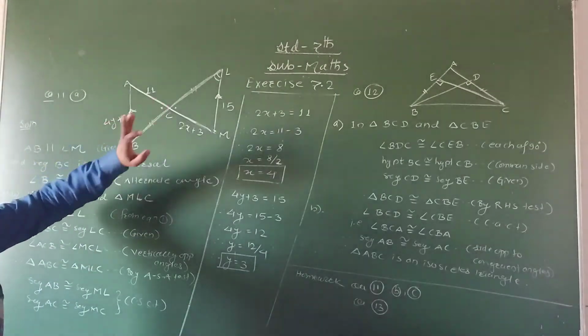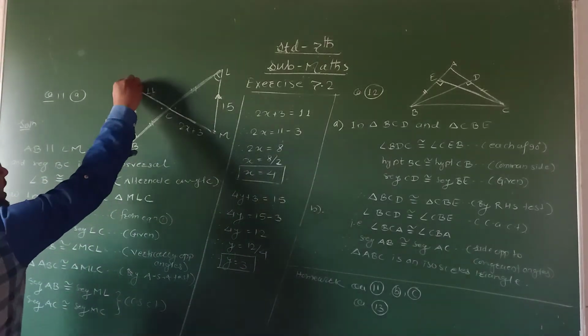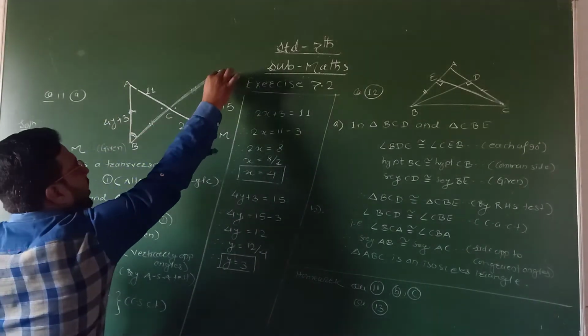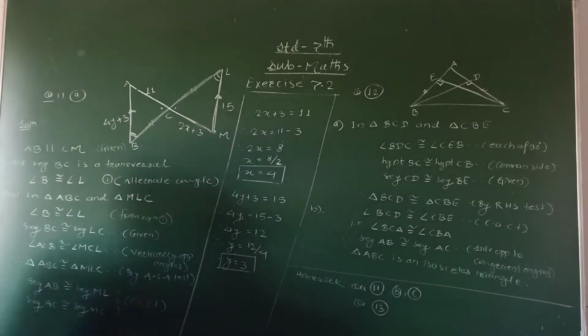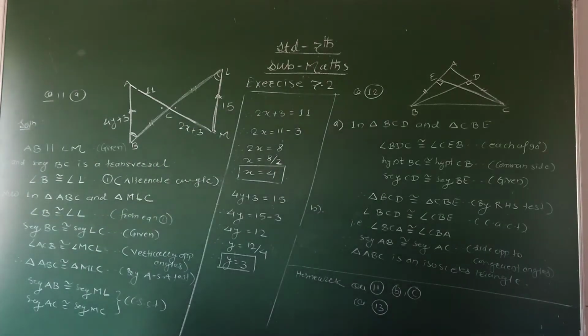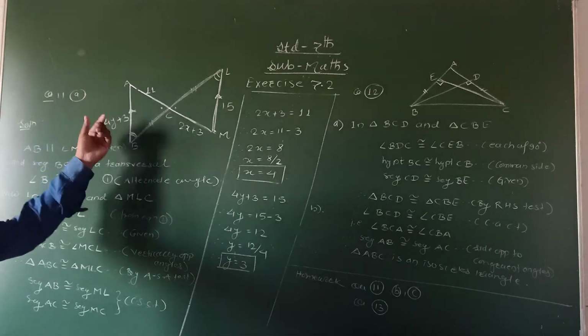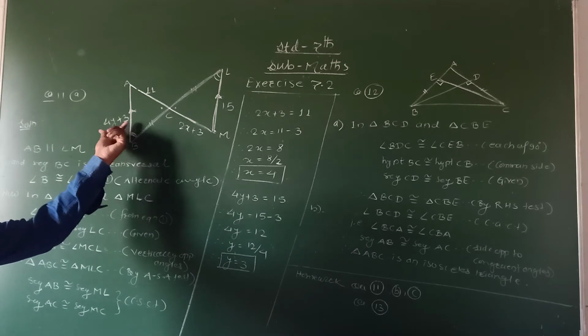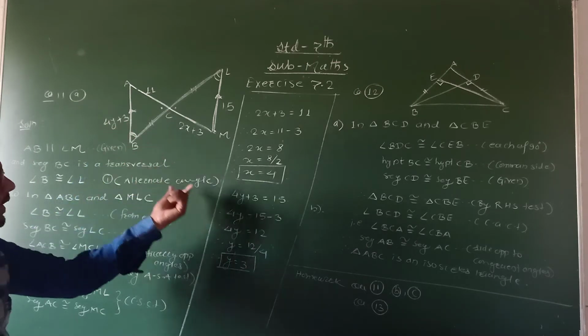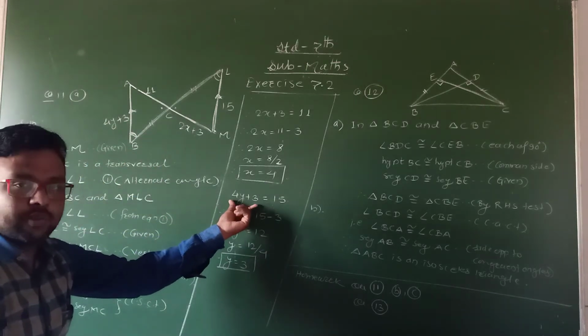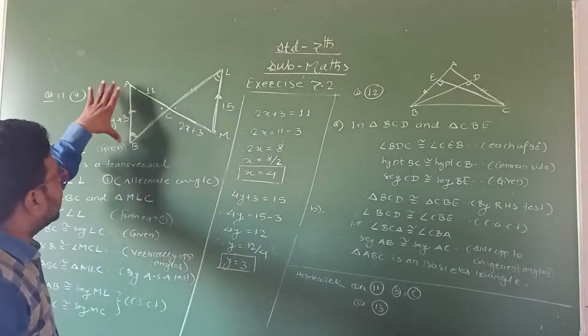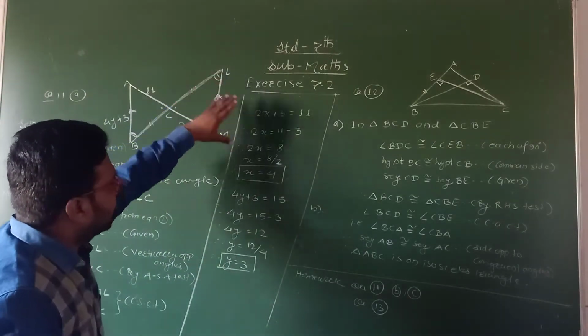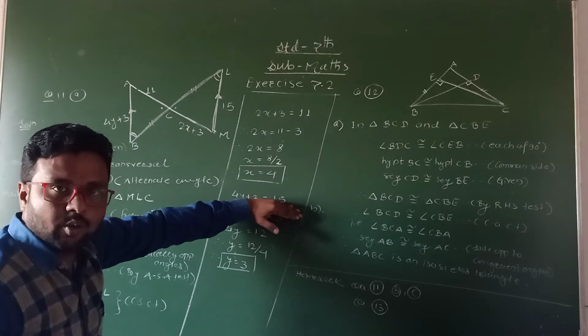Similarly, in these two triangles, we proved AB is congruent to LM, again corresponding sides of two congruent triangles. Now AB is given by this expression, that is 4y plus 3. Here I write 4y plus 3 is equal to, which side? LM side, which is given as 15.